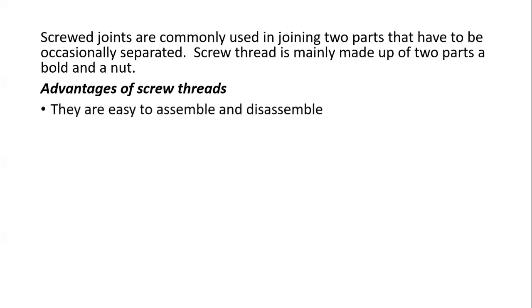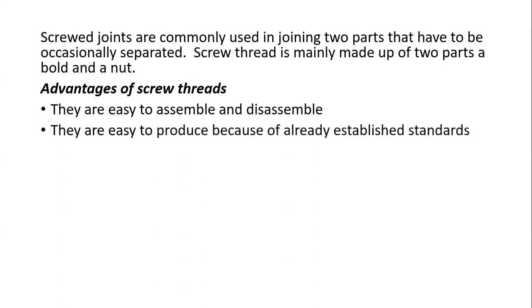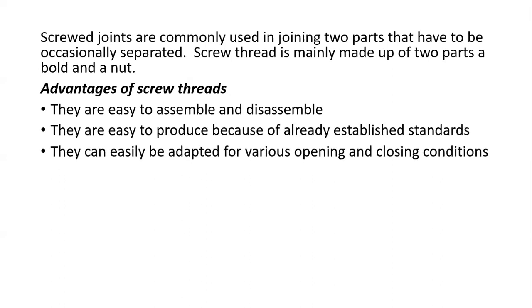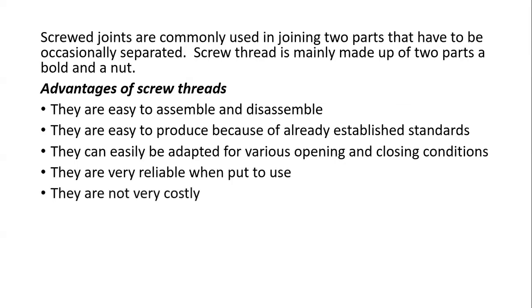These threads have their own advantages because they're easy to assemble. They come with already established standards, so you don't have to start looking around for what can fit where. The standards have already been adopted. It's also very easy to adapt them to various opening and closing conditions, unlike other types of joints. And they are also reliable, not very costly.